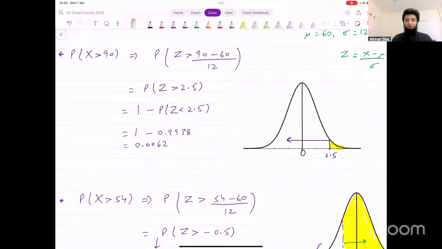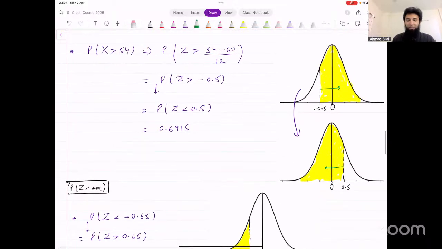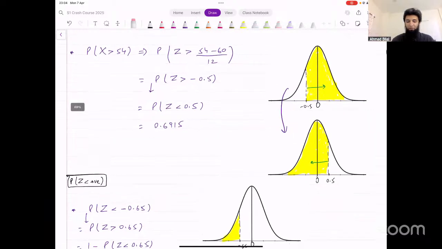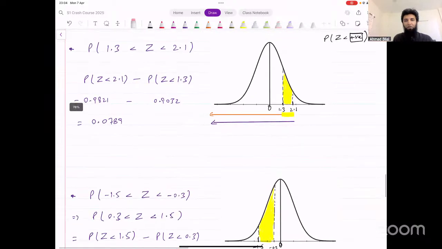Similarly, we learned how to find all of these other probabilities. When you have z greater than a negative value, how do you convert that? By flipping the curve. If you have z less than a negative value, how do you get that? By first flipping the curve and then doing 1 minus that. And if you have an interval, we find the probability to the left of one z value and subtract from that the probability to the left of the second z value.